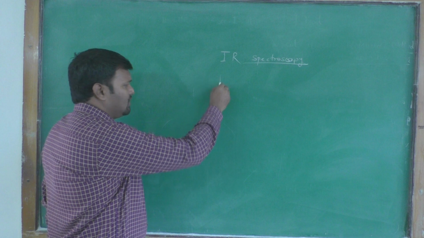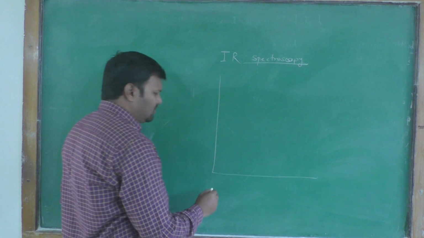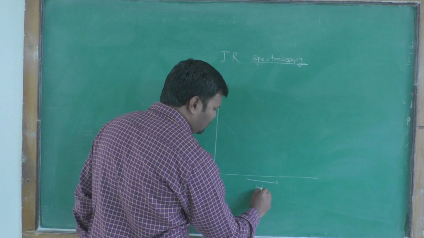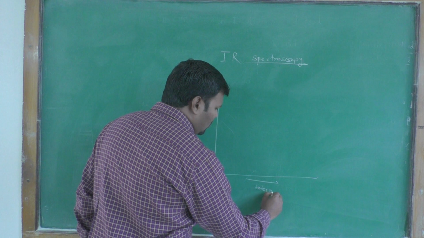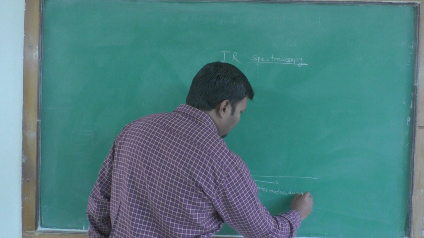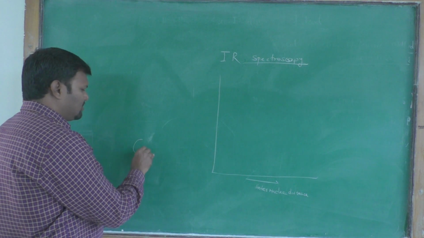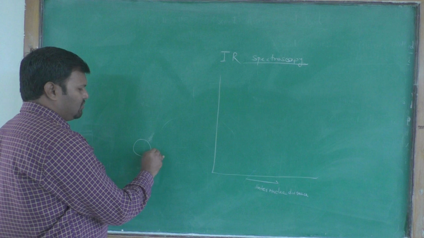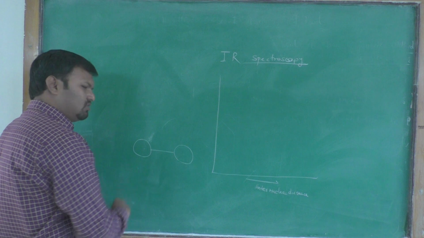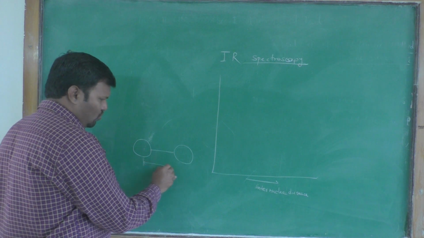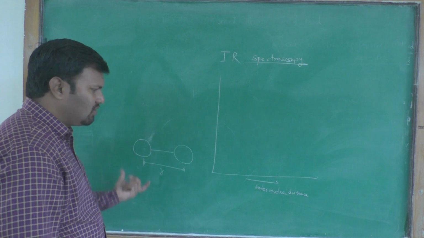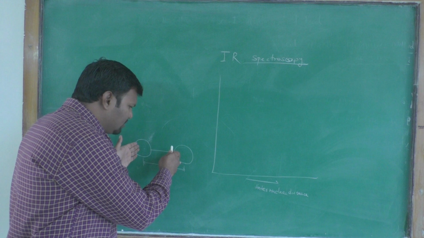Suppose on this coordinate the internuclear distance increases. In a diatomic molecule, the first atom is joined with the second atom, and the distance between these two is the internuclear distance.